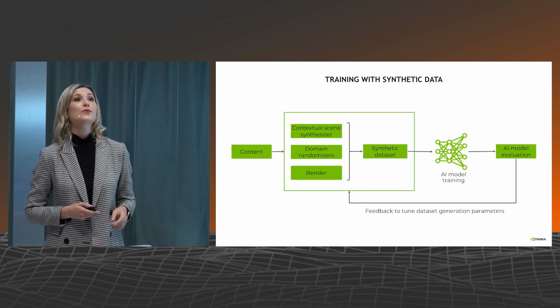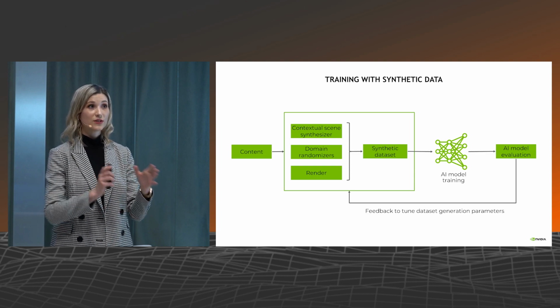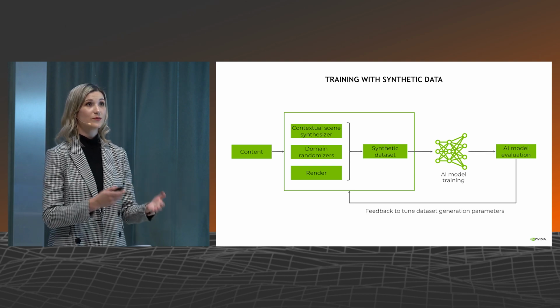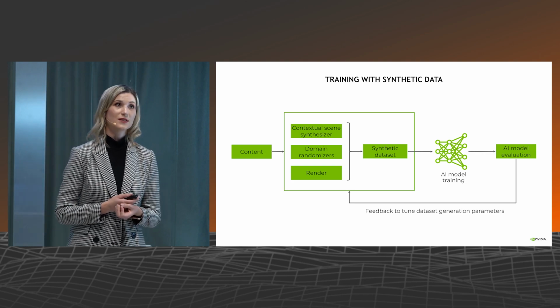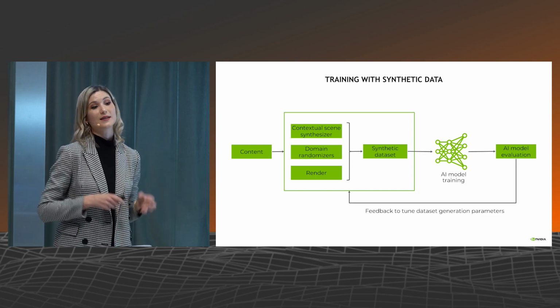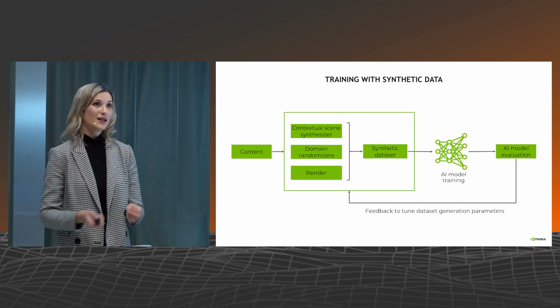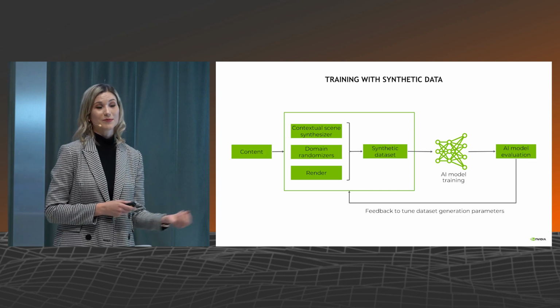But the very important thing to take care of when training with synthetic data, and you need to be aware of this, is called sim-to-real domain gap. What is domain gap? So think of it as a difference between the real world and your synthetic data. It can be also applied to, well, real-world problems.